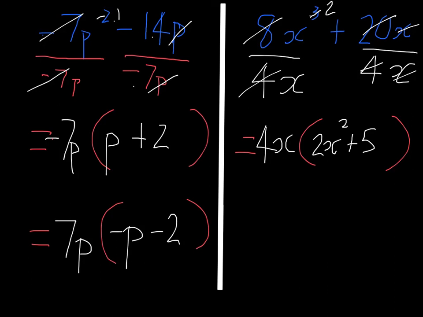So as you can see with both of these ones, sometimes the highest common factor will have a pronumeral as well as a number. Sometimes it might not be a positive, it might be a negative as well.